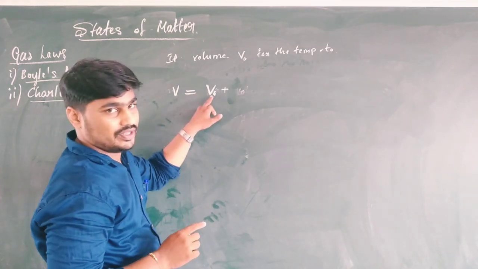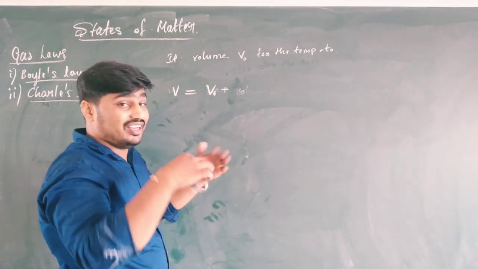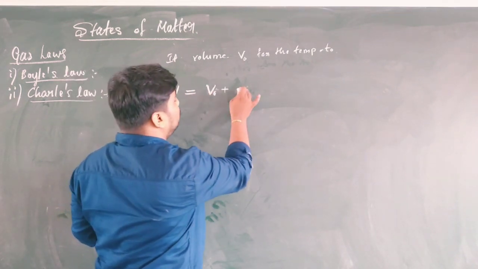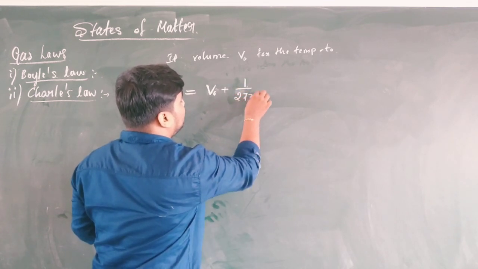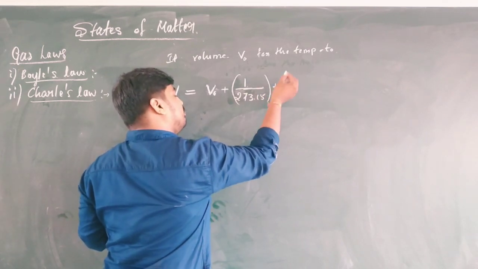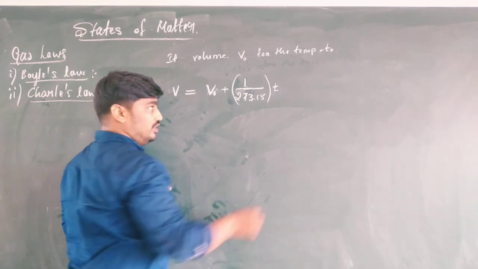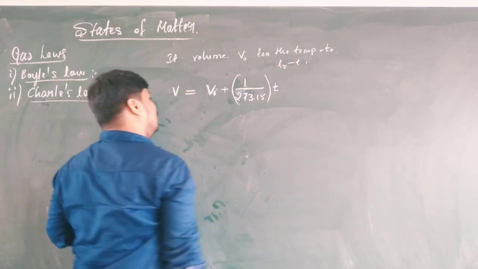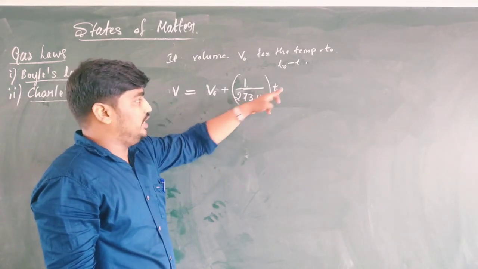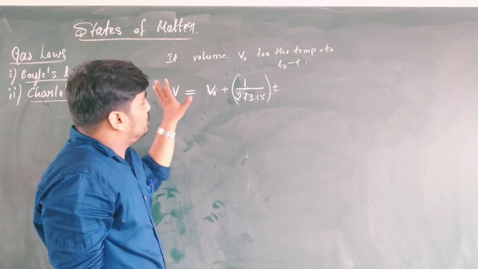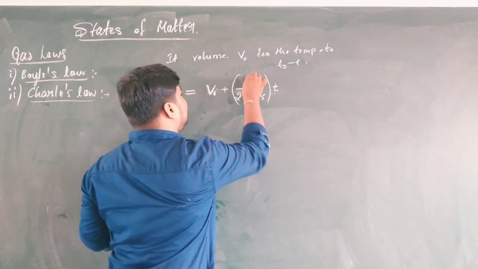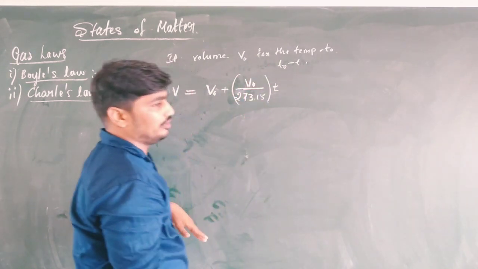Compared to the initial volume, the final volume increases by 1 by 273.15 amount of the initial volume when temperature rises from T naught to T degree. So the volume increases by this much of its initial volume, and of its initial volume means we should consider V naught again.